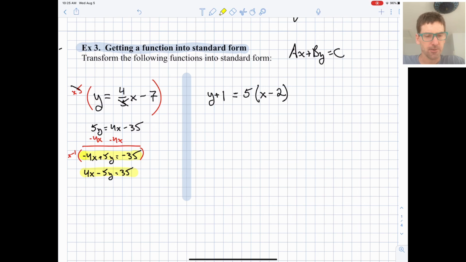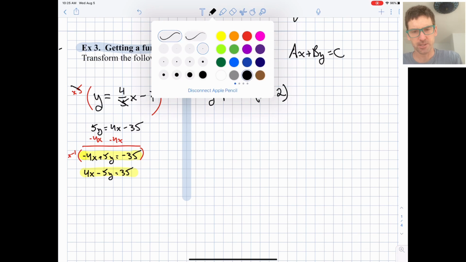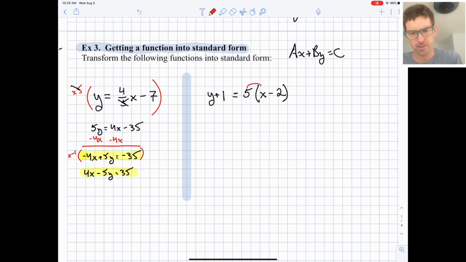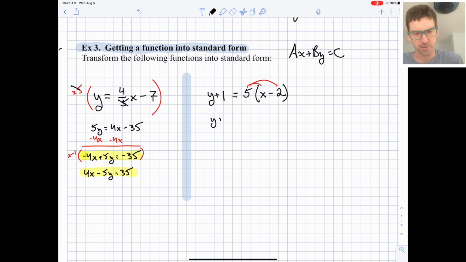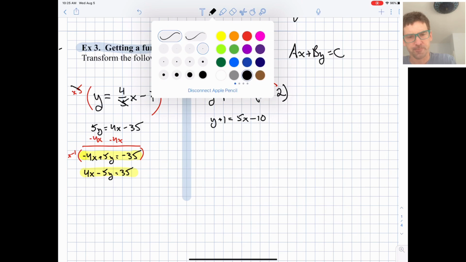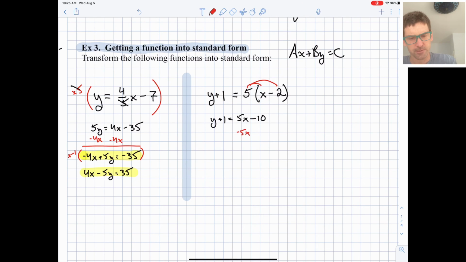All right, and so that was going from slope-intercept to standard form, and now let's do one from point-slope form to standard form. Okay, and what I'm going to do first here is just distribute my 5 through, and I'm going to get y plus 1 equals 5x minus 10. And let's subtract 5x from both sides because we want all the variable pieces on the left.